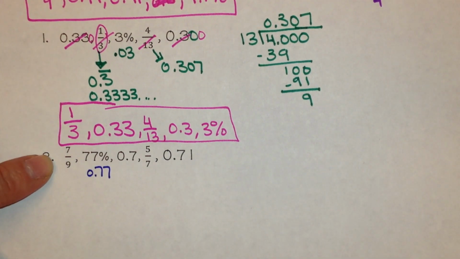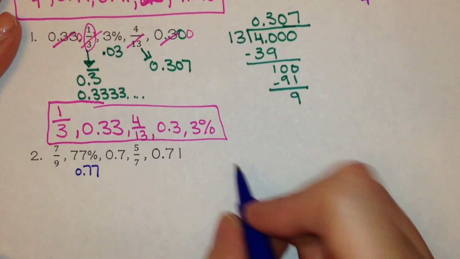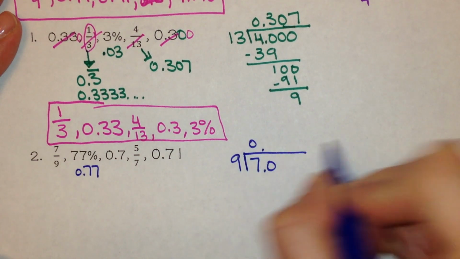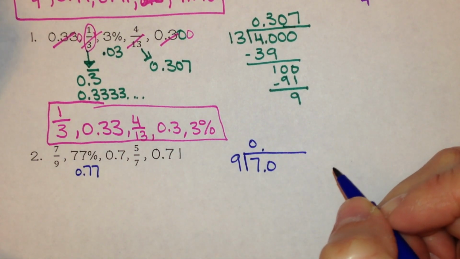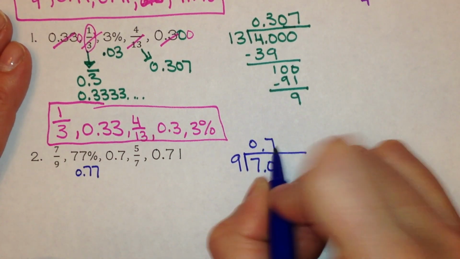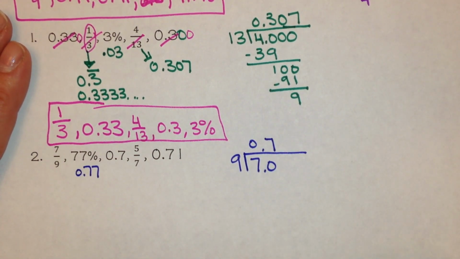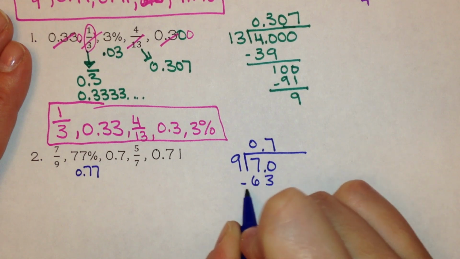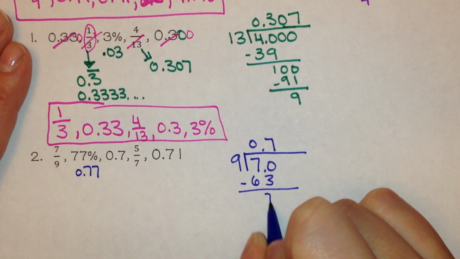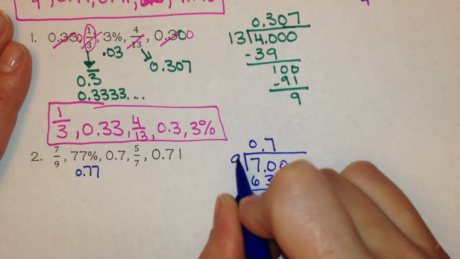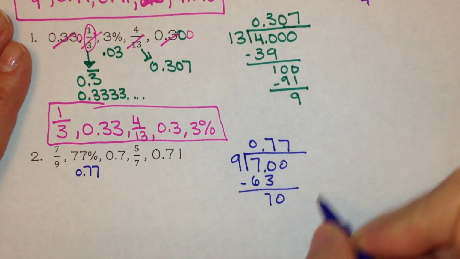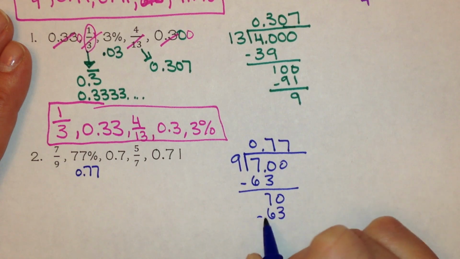All right, 7/9. I'm going to do the long division, 9 on the outside, 7 underneath. I know 9 can't go into 7, but 9 can go into 70 7 times. 9 times 7 is 63. Subtract 70 minus 63 leaves me with 7. Add a 0, bring it down. 9 goes into 70 7 times. 9 times 7 again is 63.